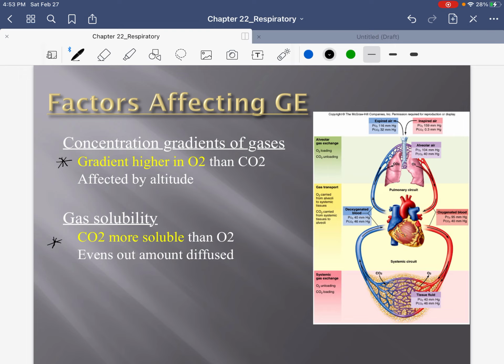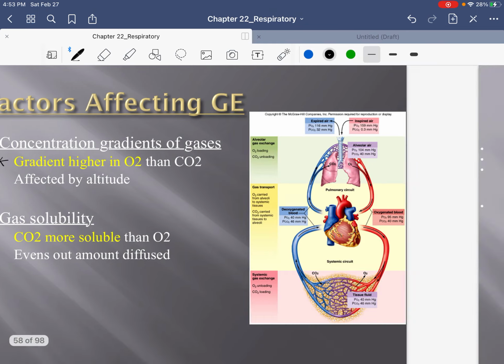We're exchanging a similar amount of oxygen versus carbon dioxide in opposite directions. Oxygen benefits more from a higher concentration gradient, and CO2 is able to keep up because even though it has a lower concentration gradient, it is more soluble in water.